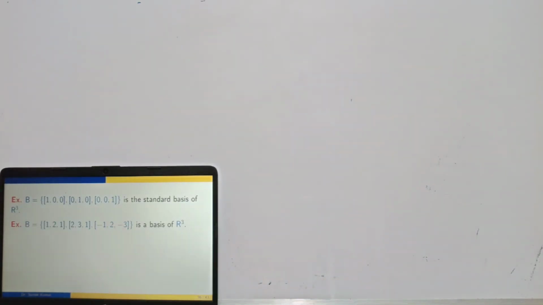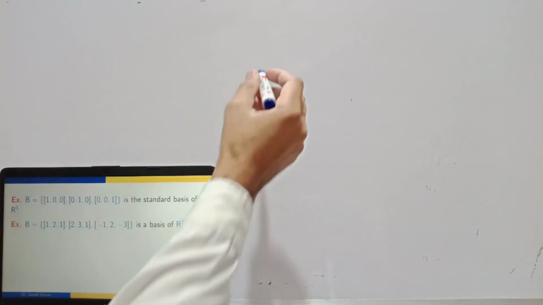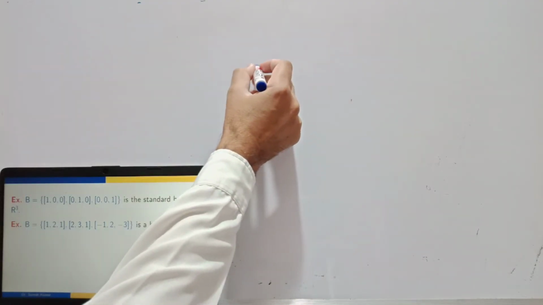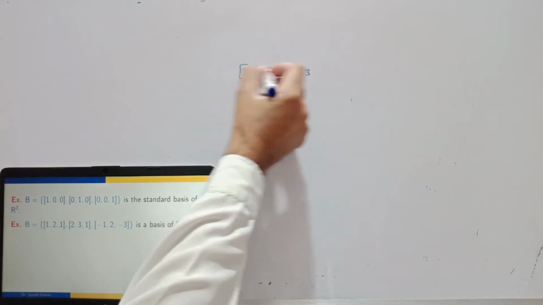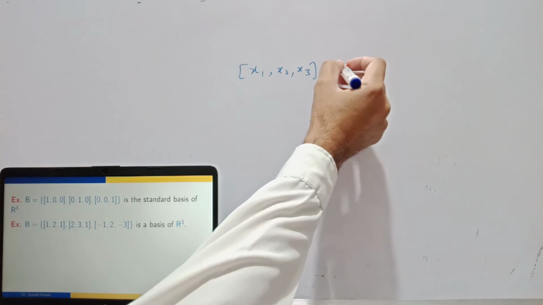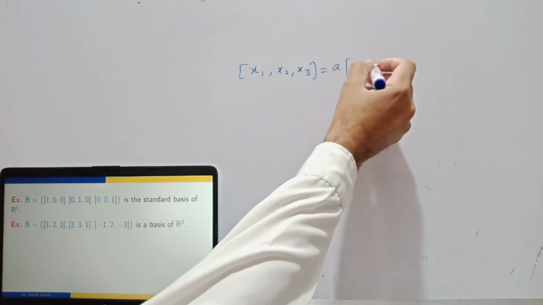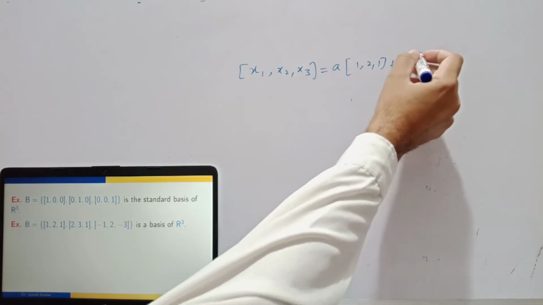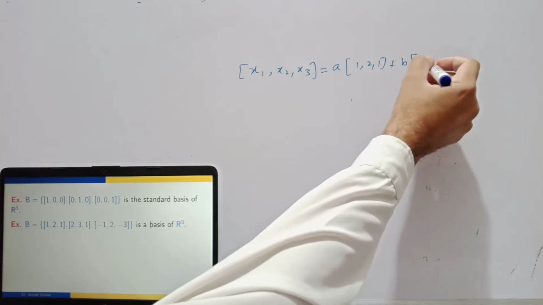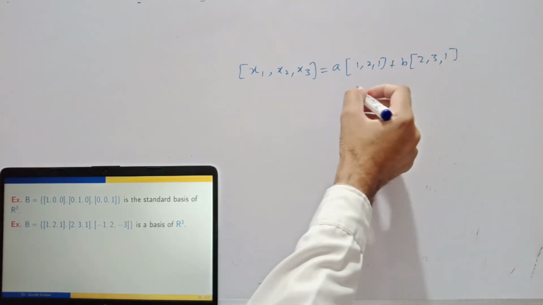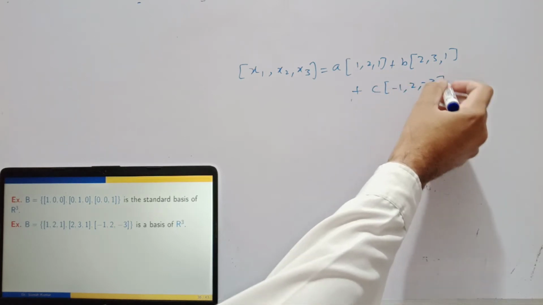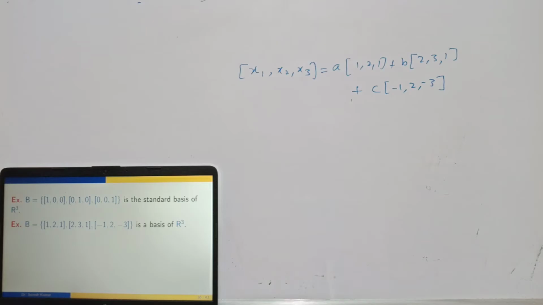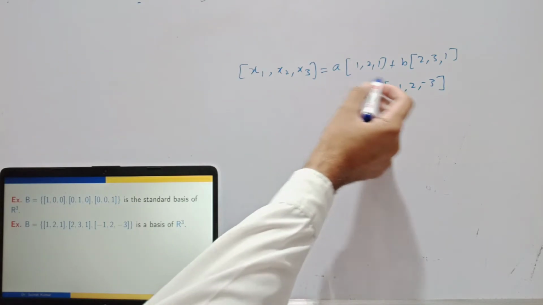And how to show that it spans R3? Consider arbitrary member of R3. You can take (x1, x2, x3). Write this as linear combination of the three vectors, with c times (-1, 2, -3). Okay, now simplify this further.